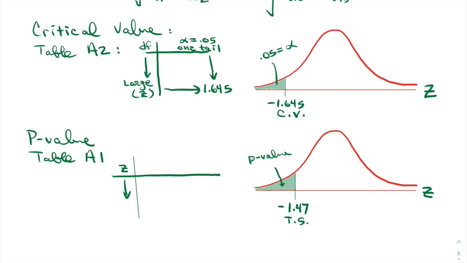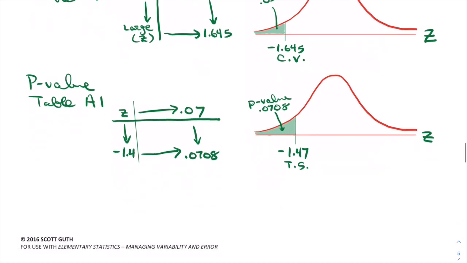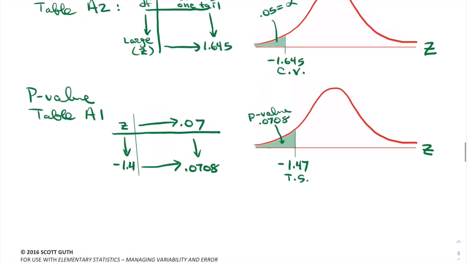Nearest 10th in the first column, so you go to negative 1.4 and then out to 0.07. So when you look that up, you should see 0.0708, which is the area to the left. This is a left tail test, so this is perfect. The p-value is 0.0708, like that. And that's a lot bigger than alpha.